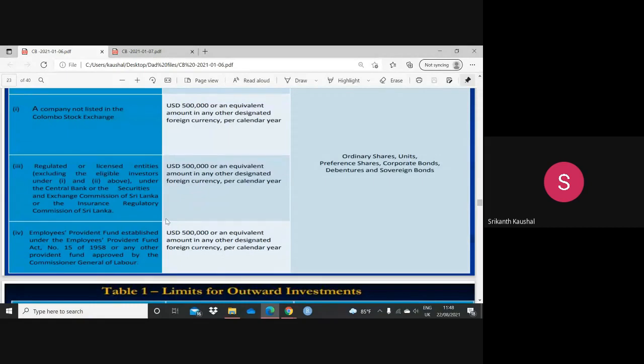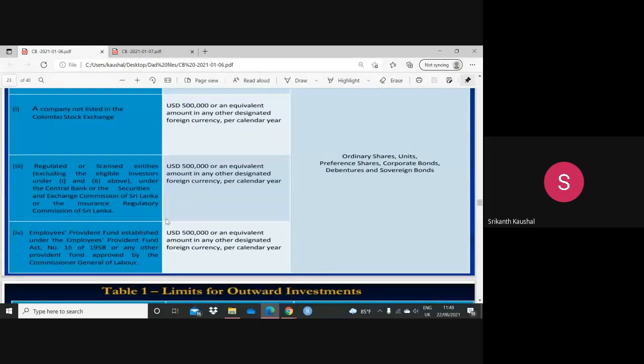Other than the public quoted or private, these entities registered under the Central Bank of Sri Lanka, Securities and Exchange Commission, and insurance regulator. These people are permitted. That means all the insurance companies, specialized banks, all those people are permitted up to 500,000 per calendar year, right?